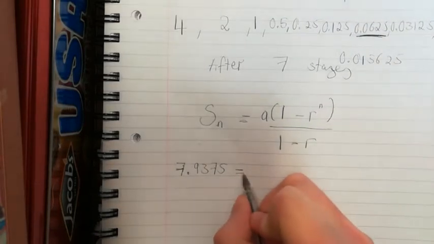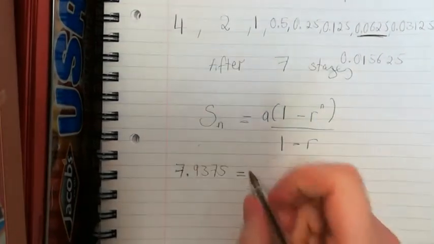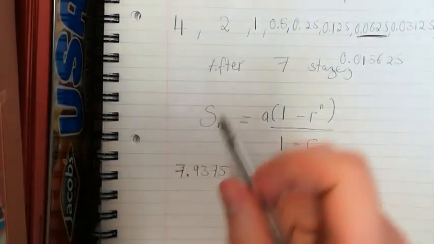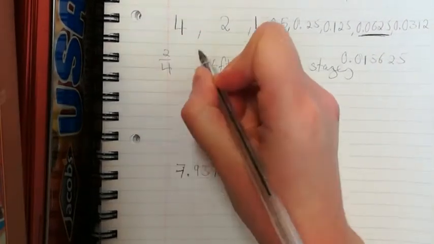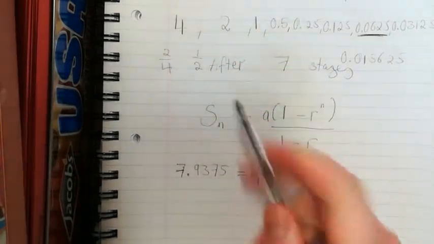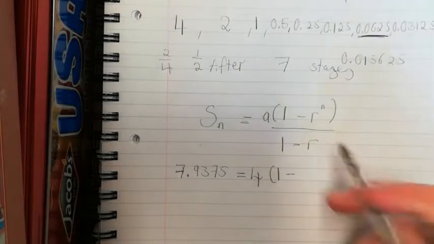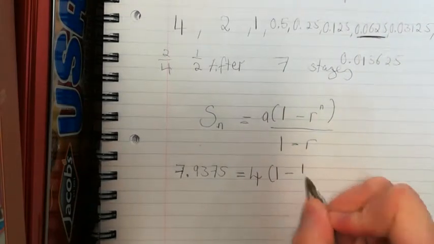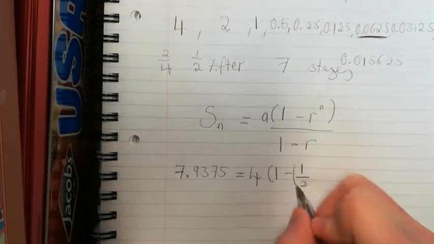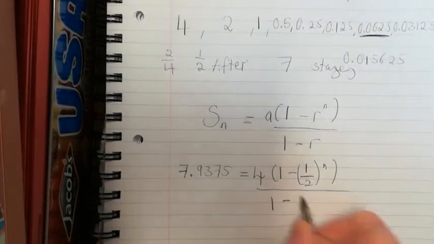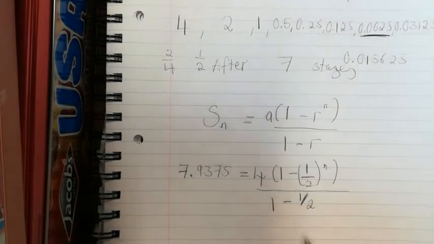So let's do that. a is equal to 4, the first term, and our ratio is a half, because 2 over 4 is a half and 1 over 2 is a half, and we're told that each time we go on the distance was halved. So it's a times 1 minus r to the power of n, over 1 minus a half.